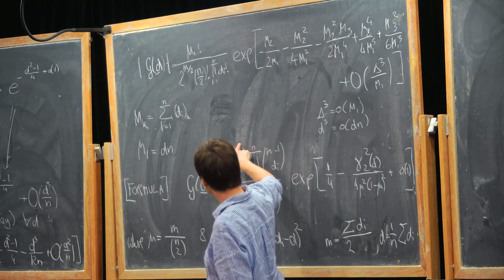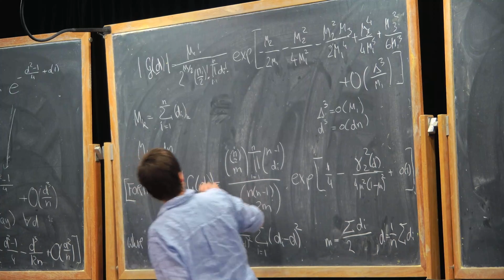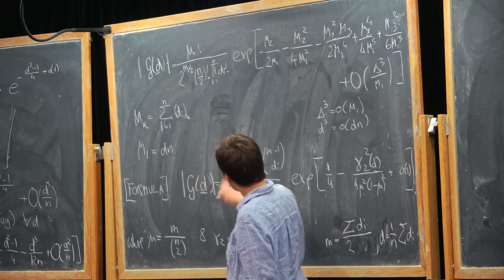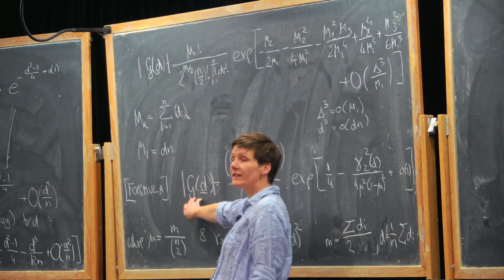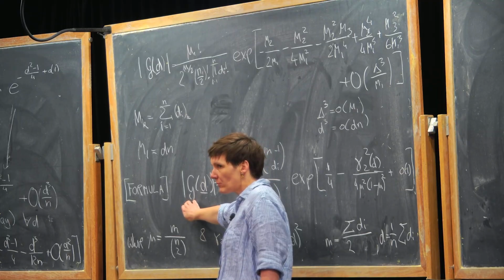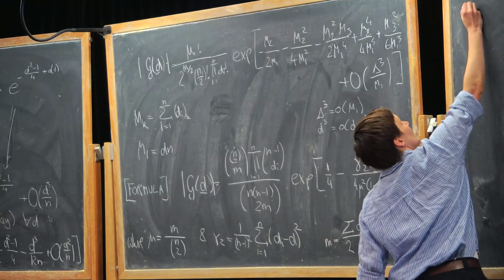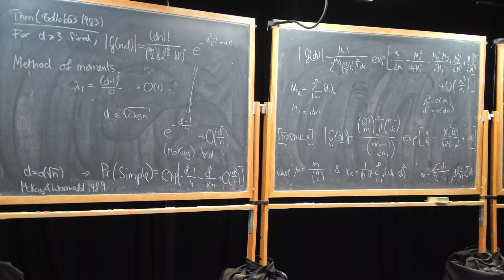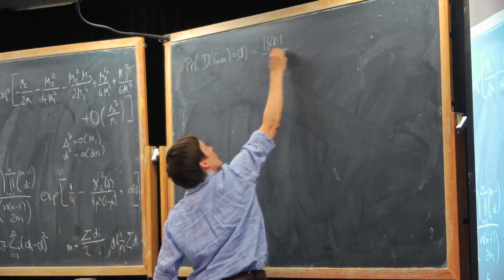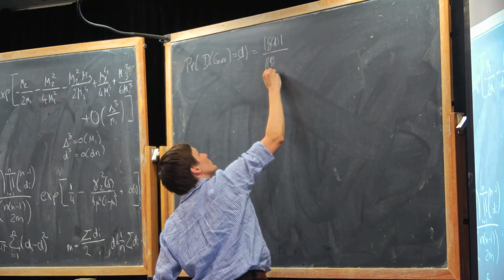And if we divide both sides by n choose 2 choose m, then what we see here is the probability that a random graph with m edges has degree sequence D. So the probability that the degree sequence of G(n,m) is equal to D is exactly equal to the size of G of D over n choose 2 choose m.